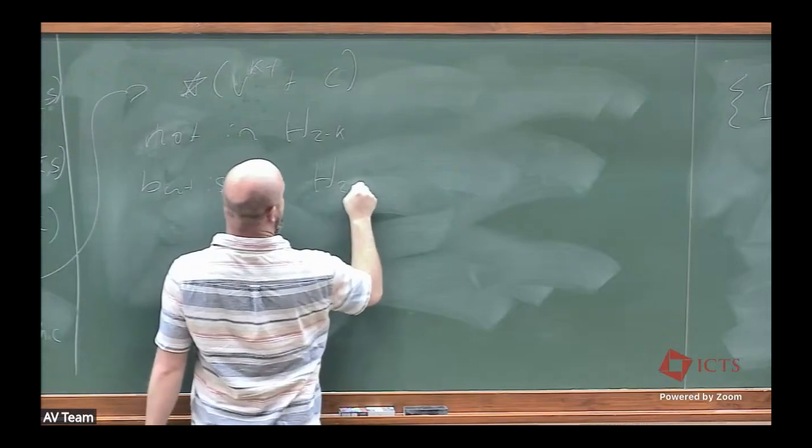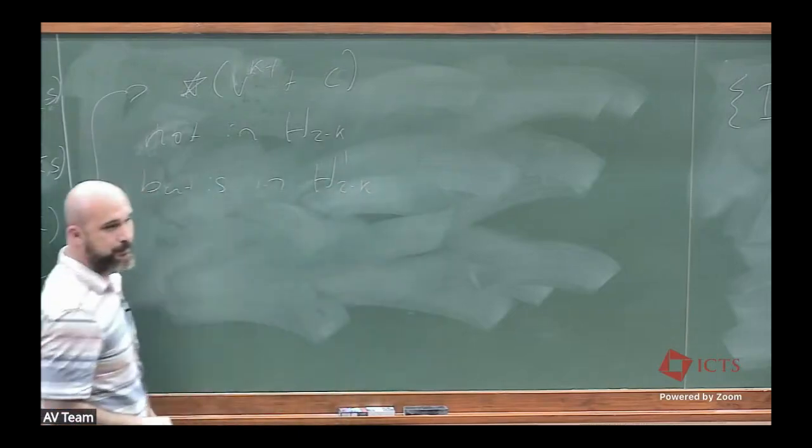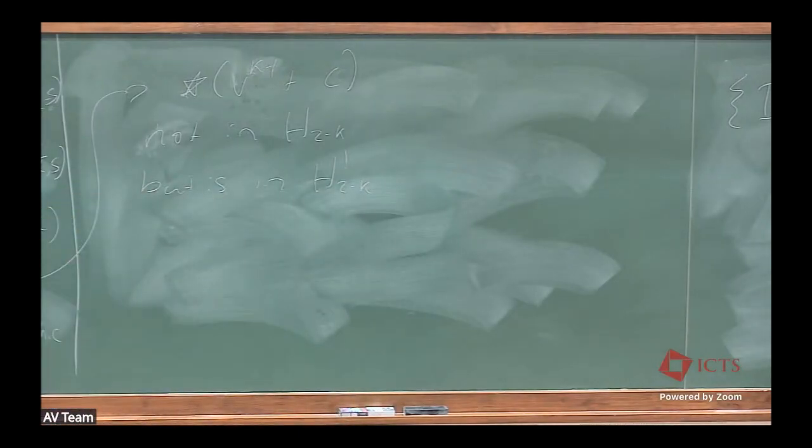It is in h of 2 minus k. Well, this is the thing in my diagram: if you act on this with a C operator, you end up getting a multiple of your standard holomorphic Eisenstein series. If you act on this by the dk-1 Boole operator, you get a different multiple of your holomorphic Eisenstein series.